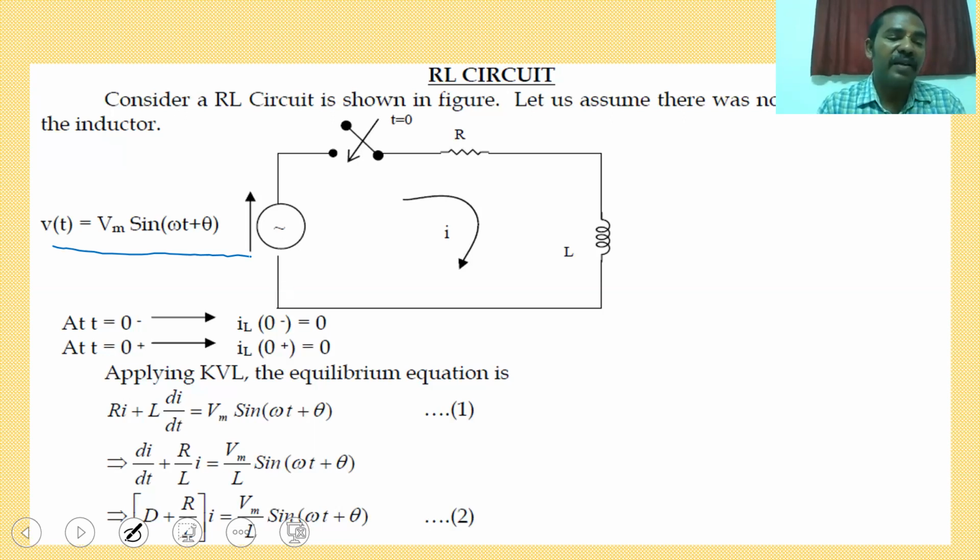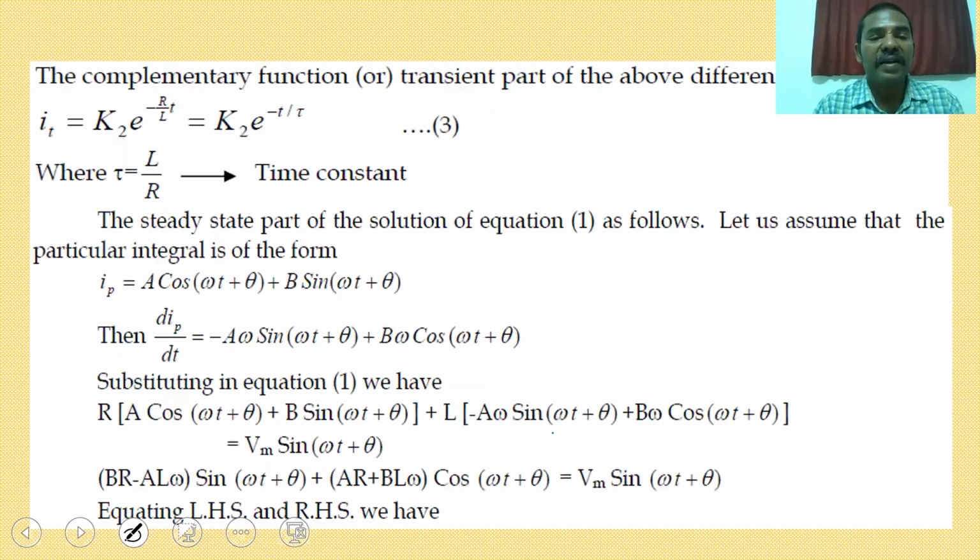So di by dt plus R by L into I is equal to Vm by L sin omega t plus theta. That is, capital D plus R by L into I is equal to Vm by L sin omega t plus theta. It is a first order differential equation, but the right hand side is a sine function, so we get the complementary function as well as the particular integral.